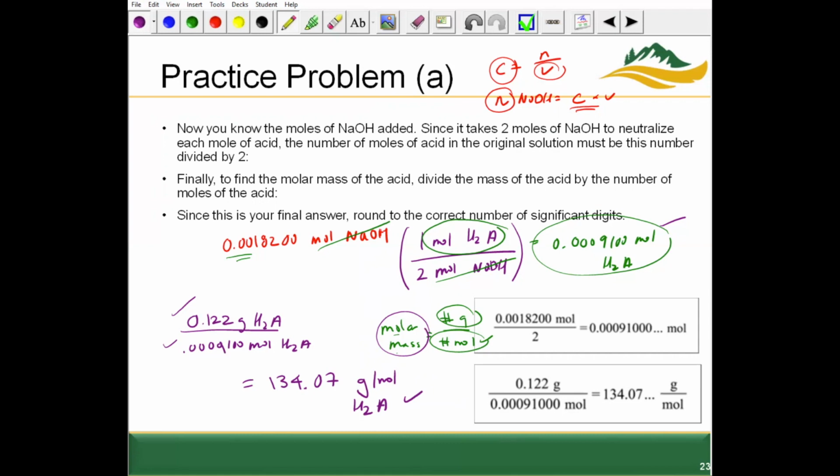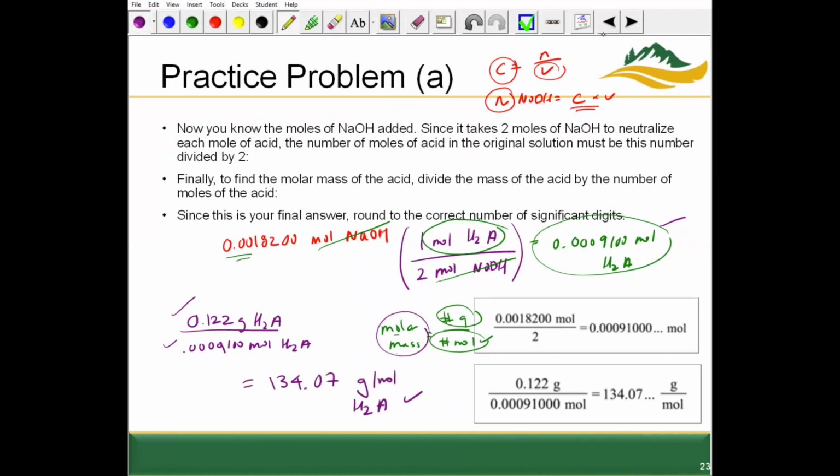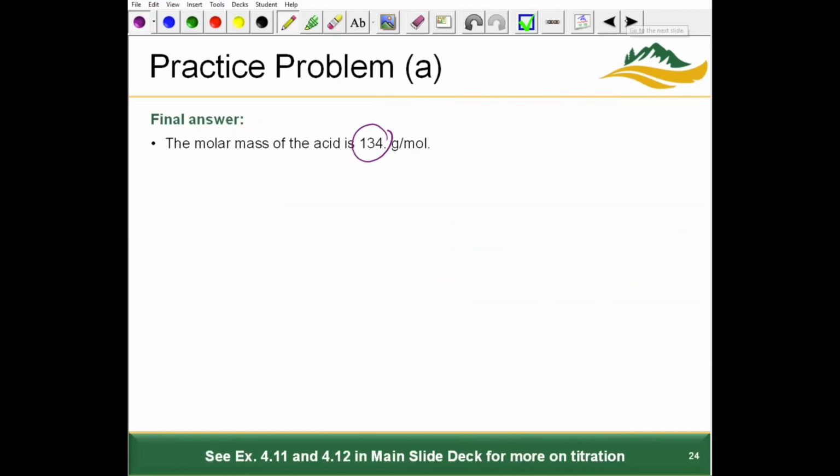Considering the total number of sig figs, our final answer in 3 sig figs is 134 grams per mole of our unknown acid, that's diprotic, or H2A. There are a few similar problems to check out, 4.11 and 4.12 in your main slide deck. Let's go on to another topic now.